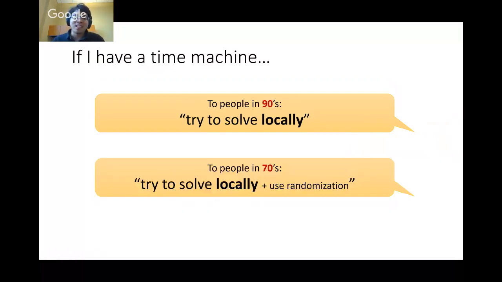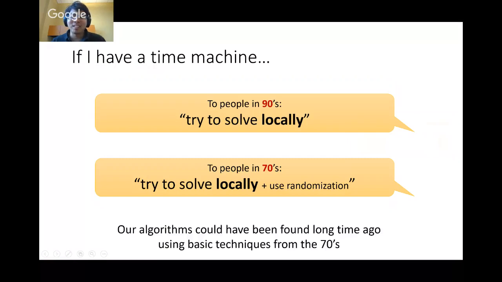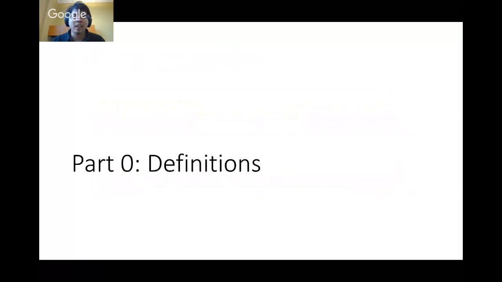And the same thing can be said to the people in the 70s, but then people didn't use randomization that much, so we need to say: try to solve it locally and use randomization. Our algorithm, you will see, could have been found a long time ago. It uses a basic technique from a long time ago.